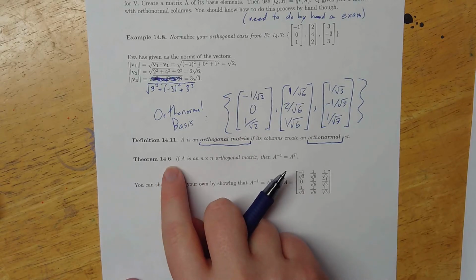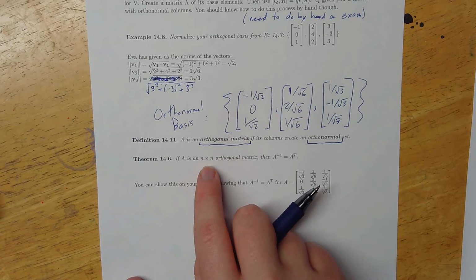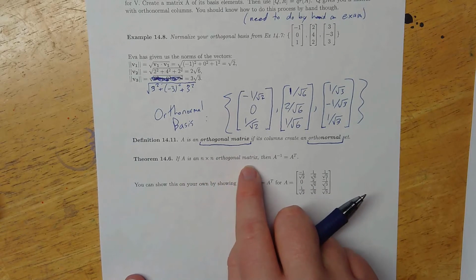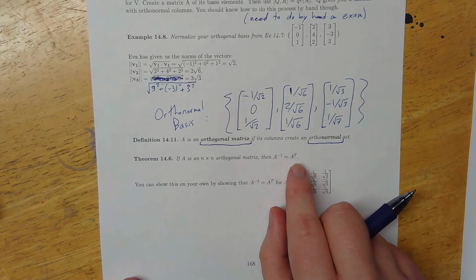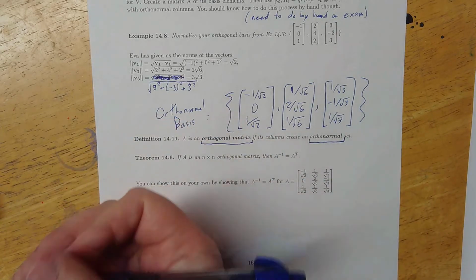Now, the reason we'd want an orthogonal matrix is that if it's an n by n orthogonal matrix, then its inverse is equal to the transpose. So that's really interesting. That means that we can take the transpose of the matrix and use that as its inverse.